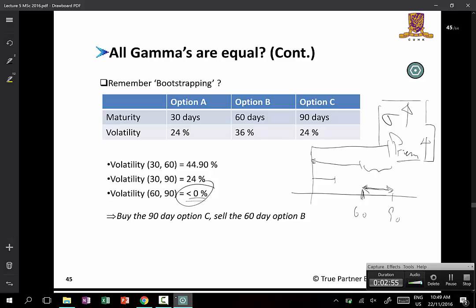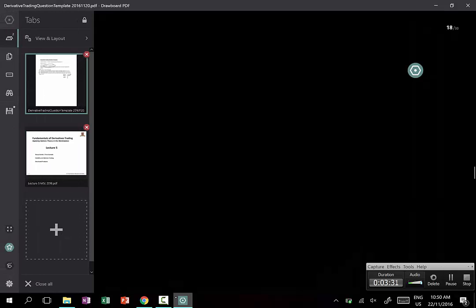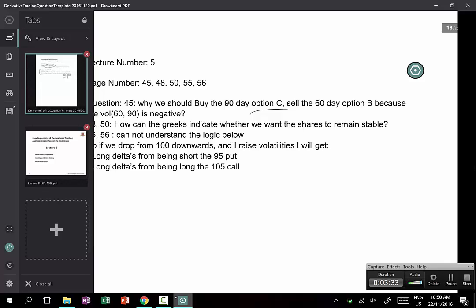Well, if you go long the 90-day, and you go short the 60-day, then basically you are going long this segment here. Okay, so finance sometimes is very neat and simple. You buy this one, you sell this one, then you are basically buying this one here. That is why we trade it like that, because the vol is very, very cheap. In fact, it's an anomaly because it's negative.